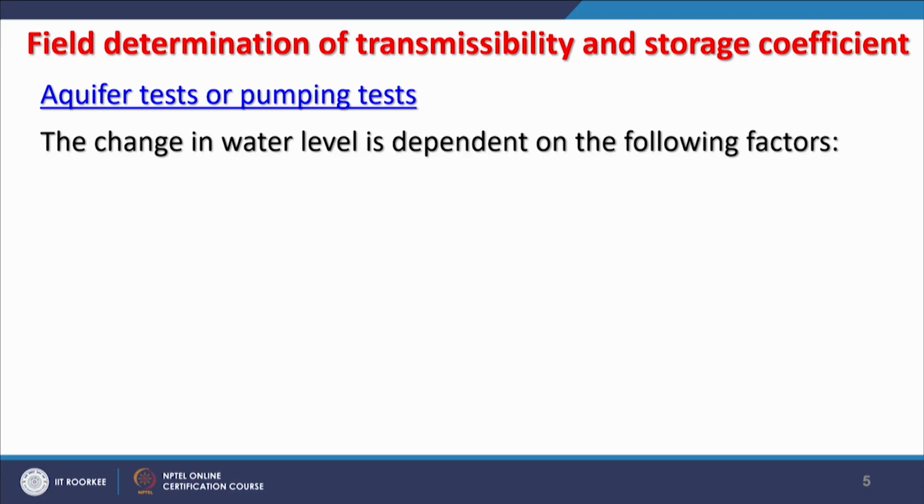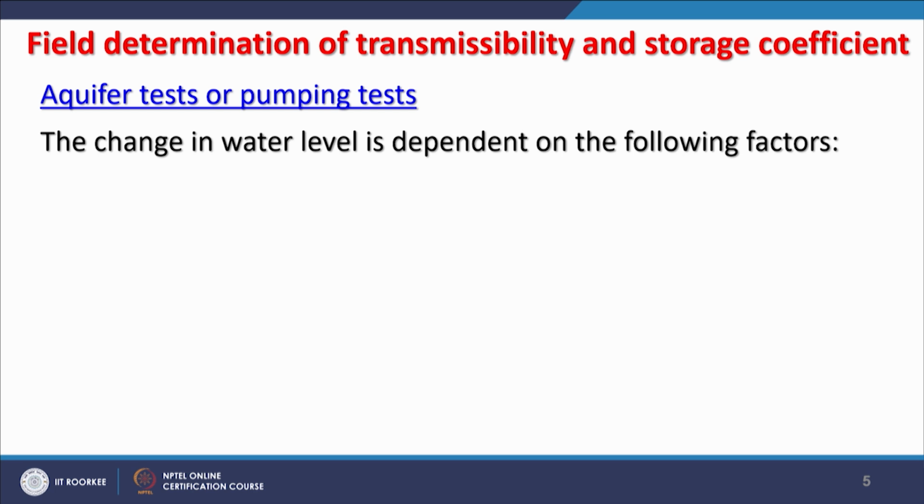That means whatever water level I am getting in the well being analyzed, and in the surroundings, at least two wells should be there, and if they are in one line, then it would be a much better situation.